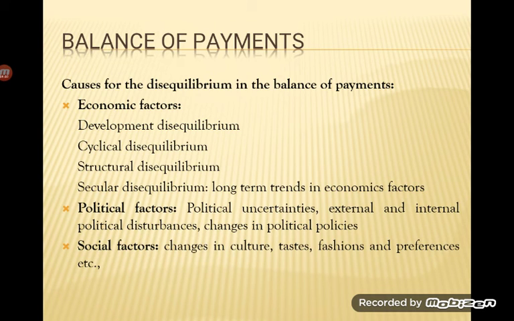Then we move on to the next factor: political factors. Political uncertainties, changes in government policies. Today we have adopted a free trade policy, tomorrow we may transform to a protectionist policy. Seeing the world around us, we can make out what kind of trade policy we need to adopt.